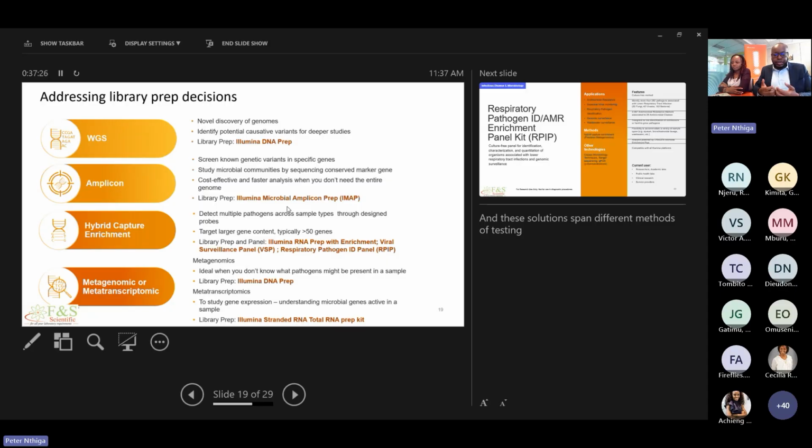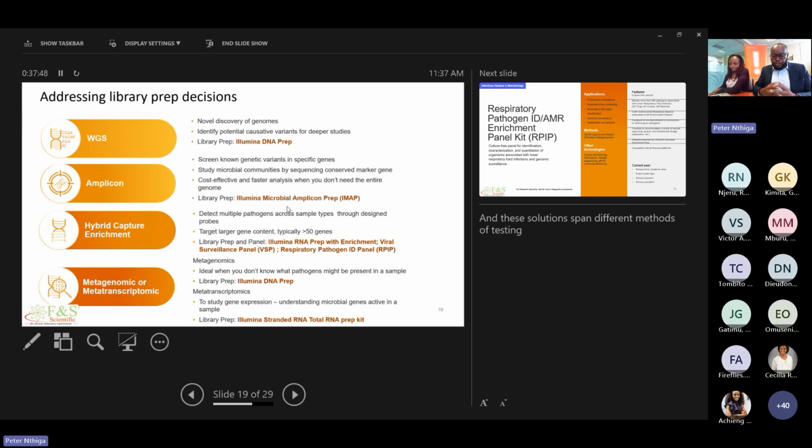A hybrid capture enrichment approach. This is where you're using different probes in a panel format to target a lot of things, a lot of pathogens, for example. We have hybrid capture enrichment panels that are curated to target quite a number of things.